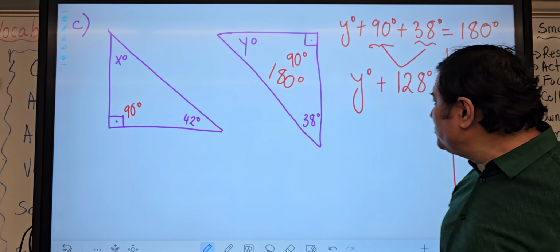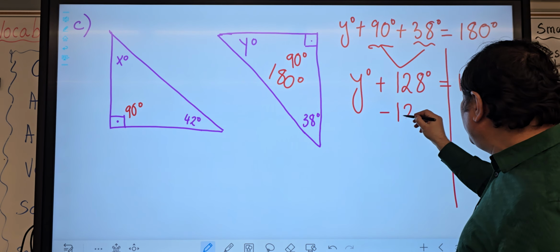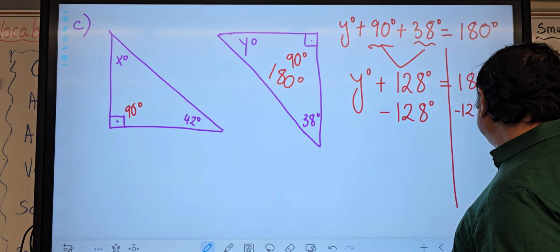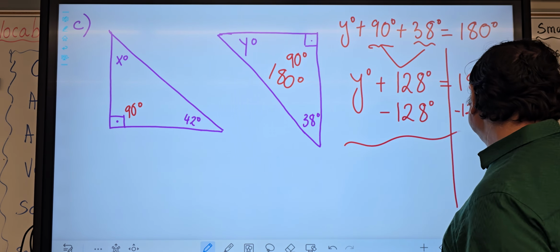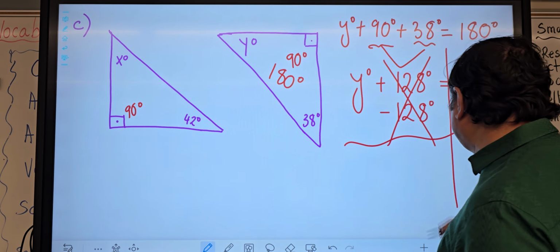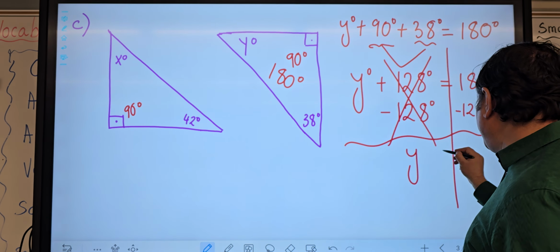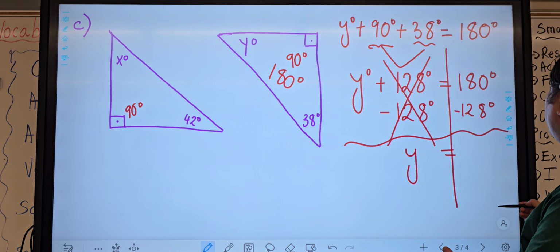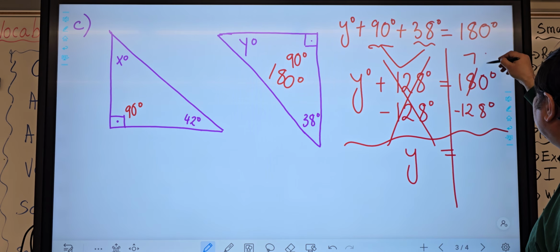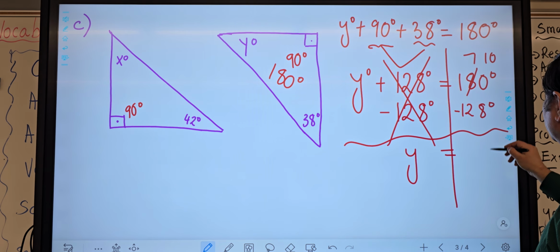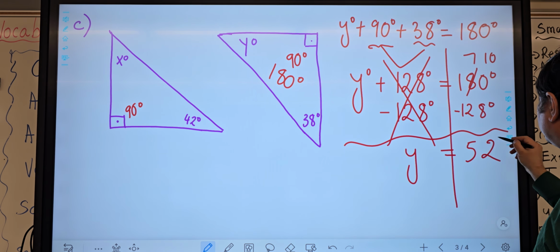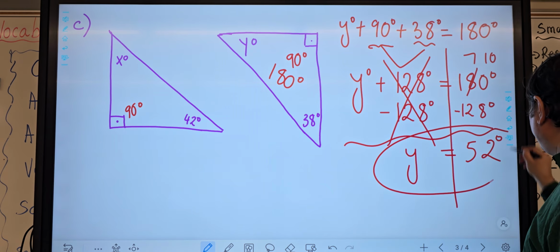And finally, we have to subtract 128 from both sides so we can solve for y. 128 and negative 128 cancel out, so we get y equals 180 minus 128, which is 52 degrees.